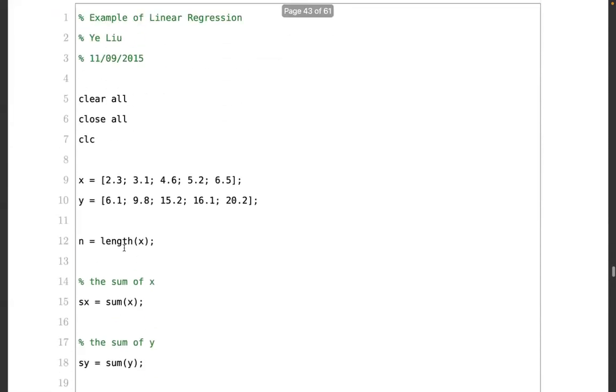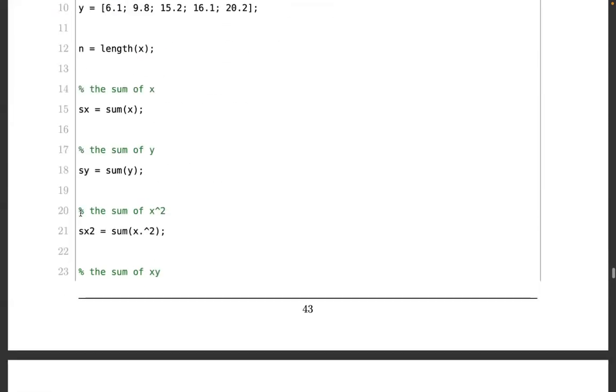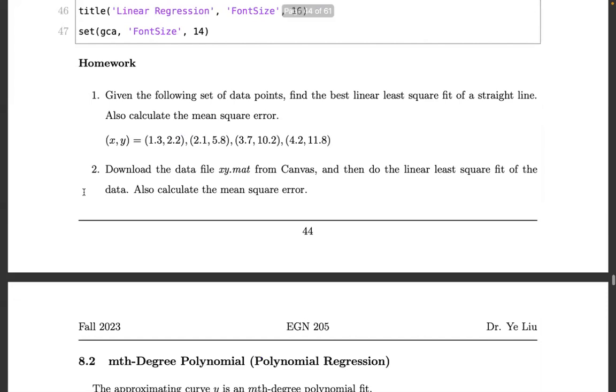Just replace x and y with the new points. Okay. So you don't need to change the others. Then question 2. So this uses a data file, xy.mat. I already uploaded this to Canvas. It's on Canvas. Let me load this file in MATLAB.